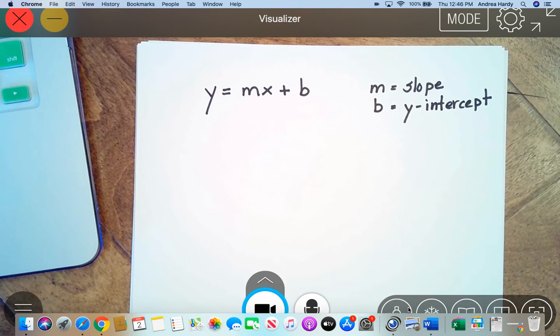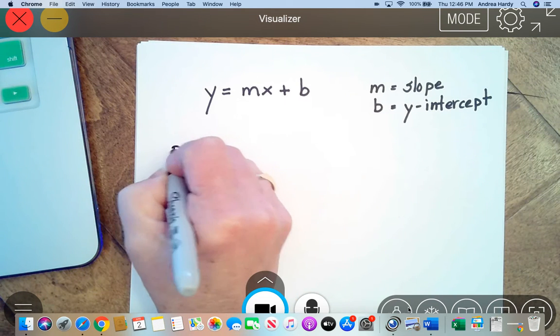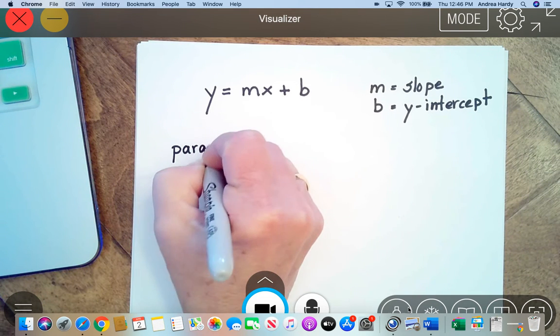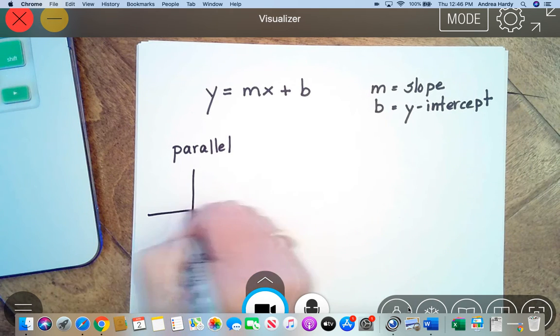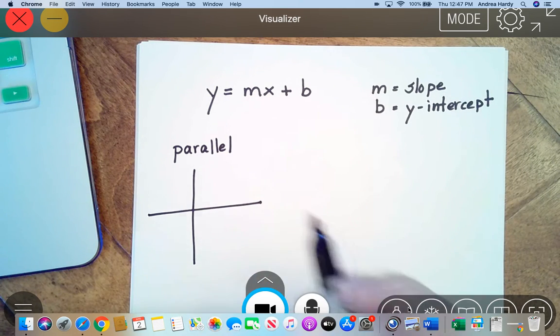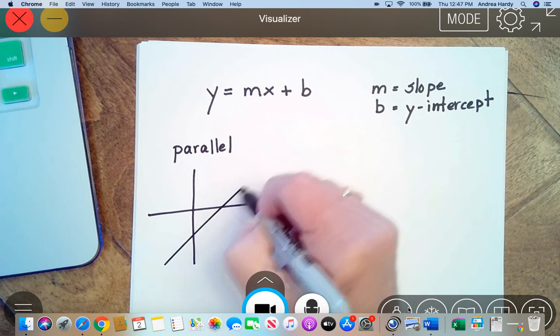Okay? So if we have two lines that are parallel, they look something like this.